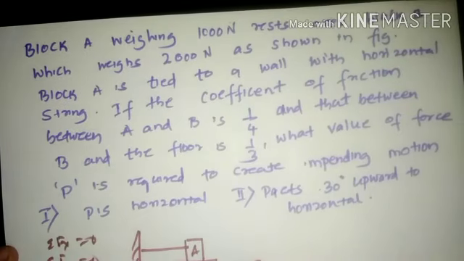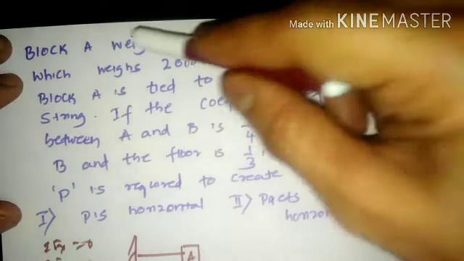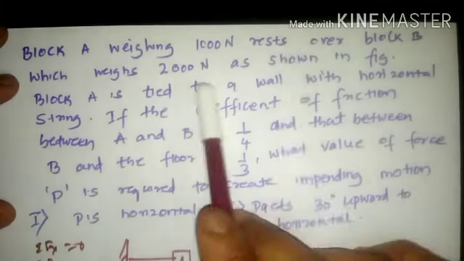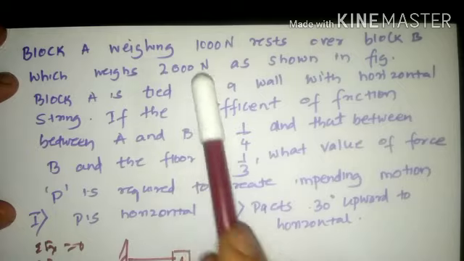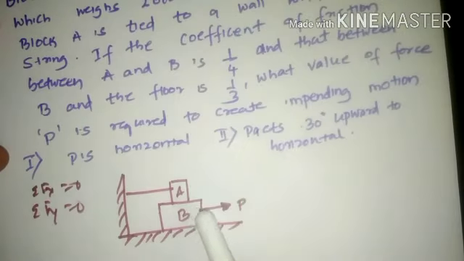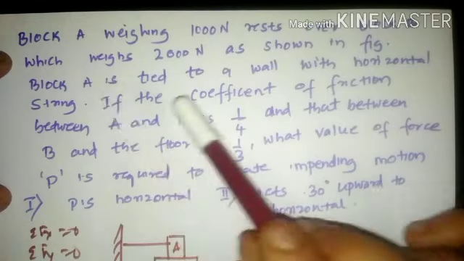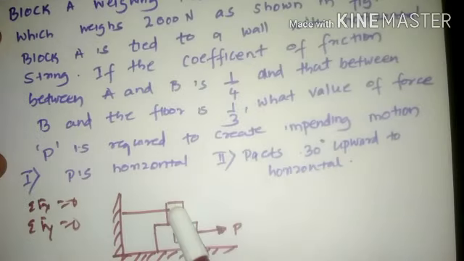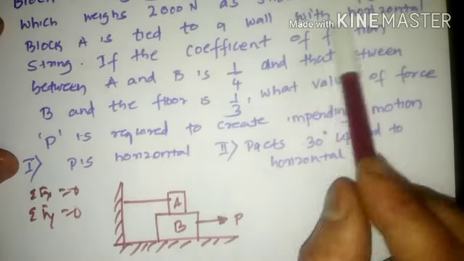Here, the statement goes like this. Block A of weight 1000 Newton rests over block B of weight 2000 Newton, as shown in the figure. Block A is tied to the wall by a horizontal string.